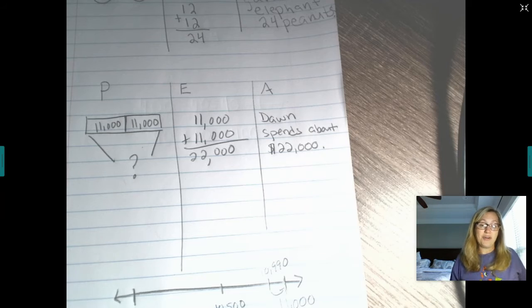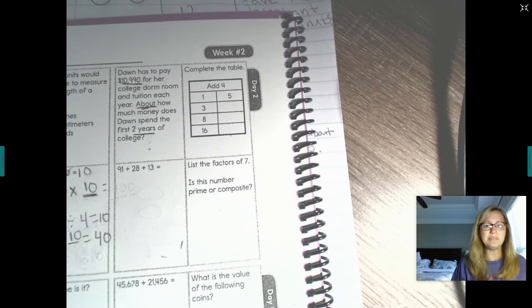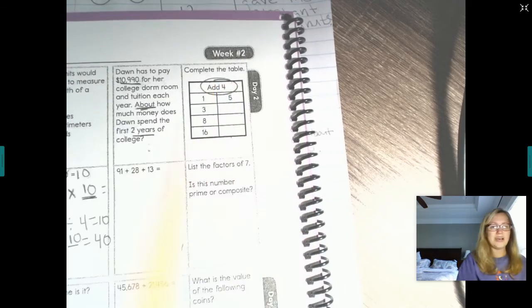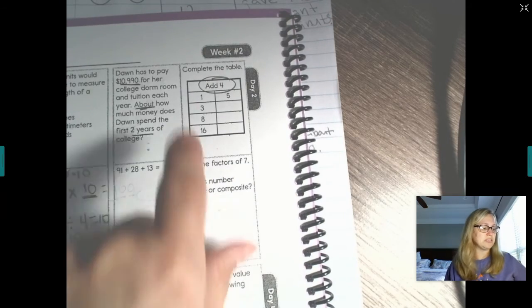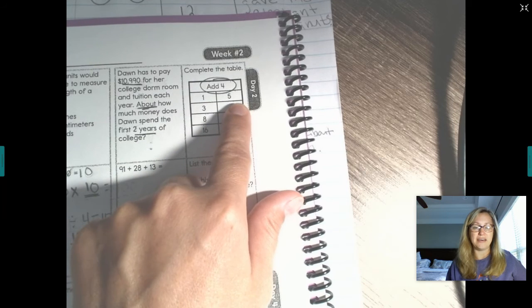All right, for our next problem, we're going to look at this table. It says complete the table. Then I see right here is the rule, add 4. So I'm going to start with the number 1, and if I add 4 to it, I get 5.